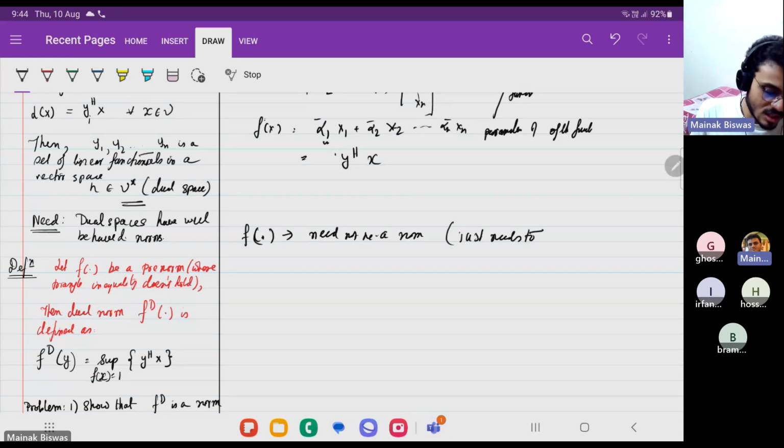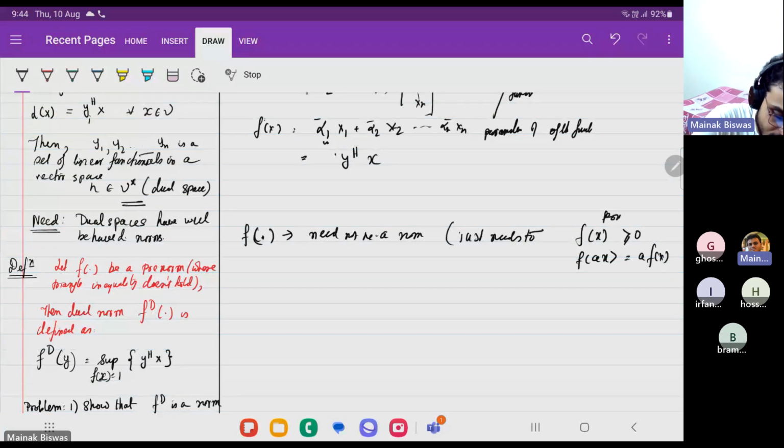So f need not be a norm. It just needs to have f of x greater than 0, and f of ax equal to a f of x. These two properties must hold. What are these two properties? Positivity and homogeneity, right?